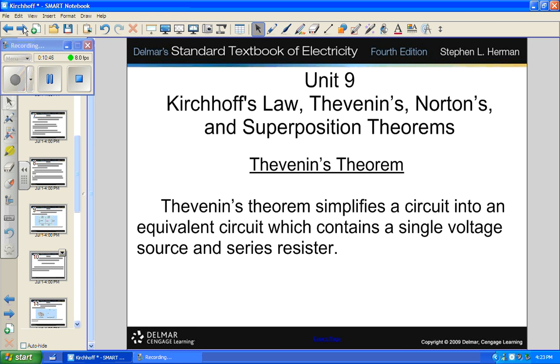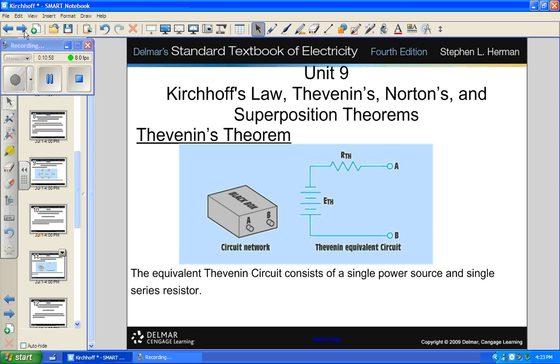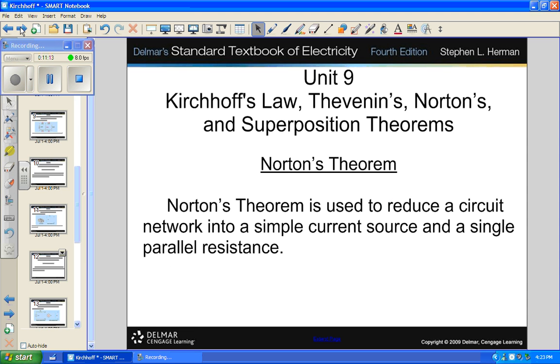And it doesn't matter how complex it is, we can simplify it into a single series resistor and a single voltage source. A Thevenin circuit consists of a single power source and a single series resistor. Well, that doesn't show you a good example, but I can guarantee you, when we get to combination problems, it will become very evident what we're talking about here.